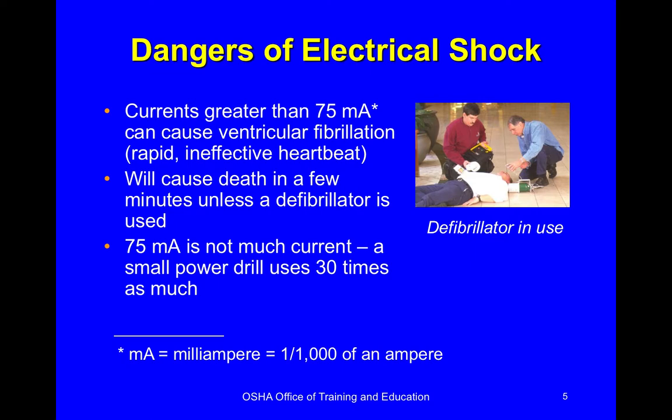It's going to require the use of an AED to be able to correct that, if it's going to be able to be corrected. 1/10 of an amp is a very small amount. In most any tool that we use, or coffee makers, or anything electrical that we tend to use, the current is going to be much, much higher than that.